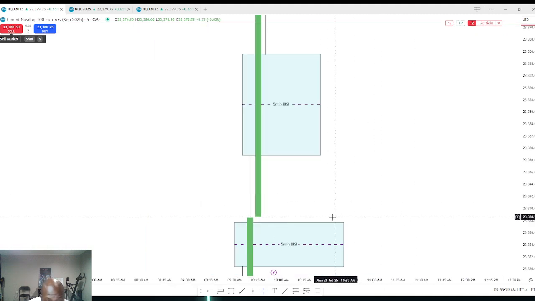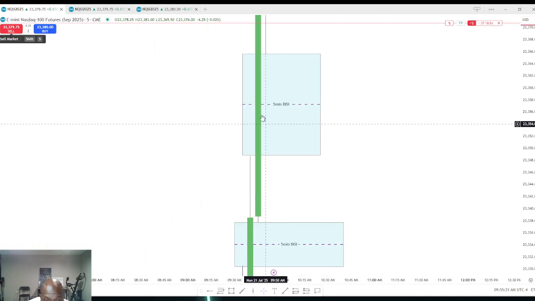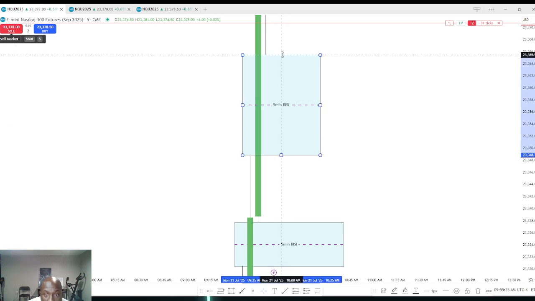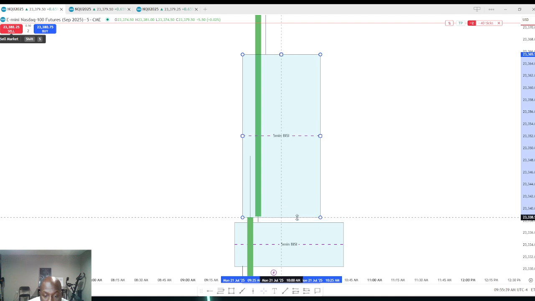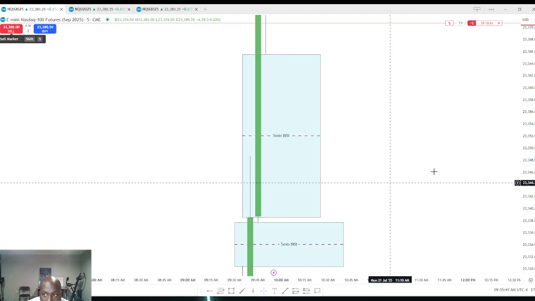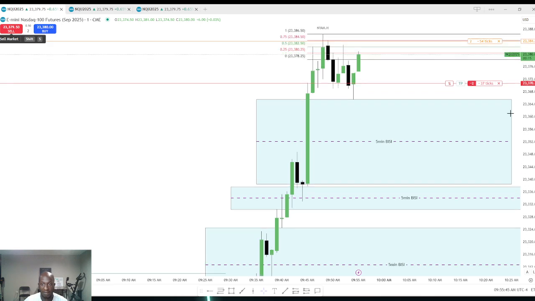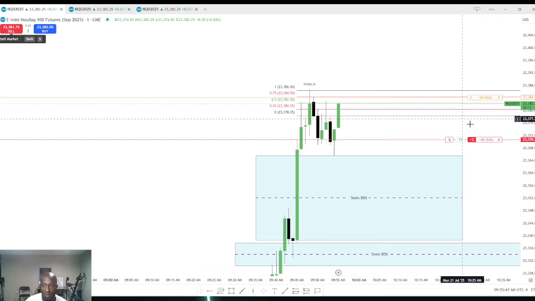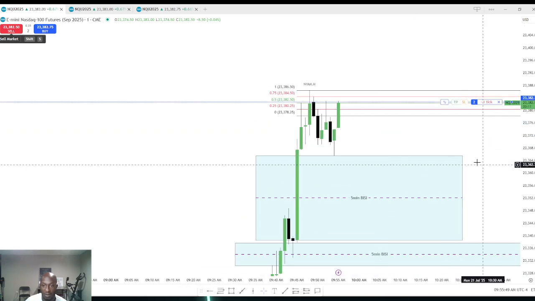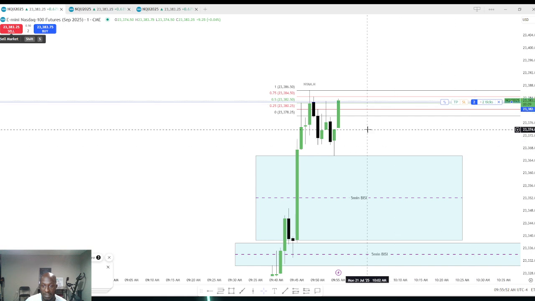Let me make sure I encompass that as well. There's a gap down there. Yeah, nope. So we can go and reverse that.